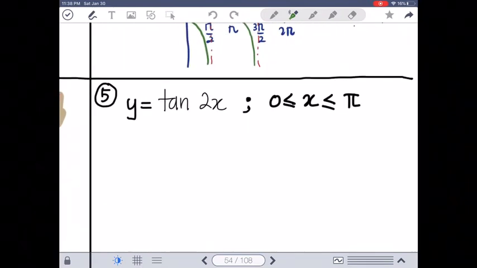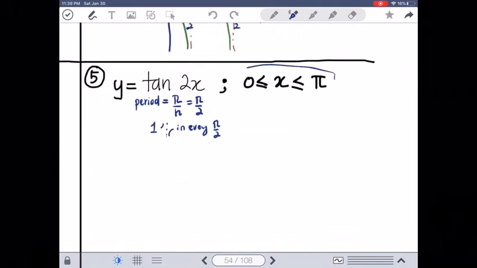How about y equals tan 2x? Again, amplitude doesn't matter for the tan graph, but the period does. We have pi over n, which is pi over 2, meaning one cycle in every pi over 2, and we need to draw from 0 until pi.